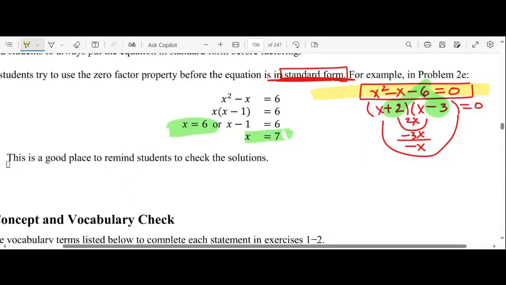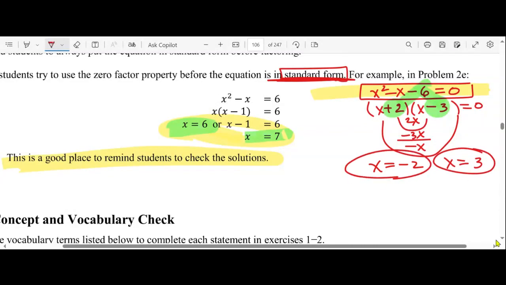So if you try to check the solution, you will find that both of those answers are wrong. It's not 6, not 7. The answer is negative 2, and the answer is 3.